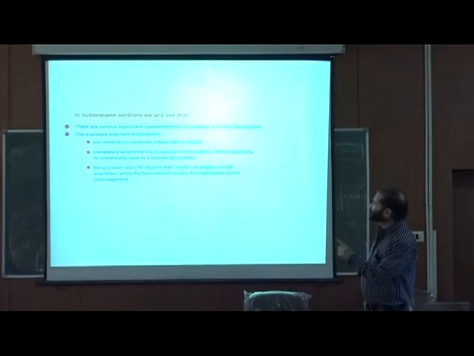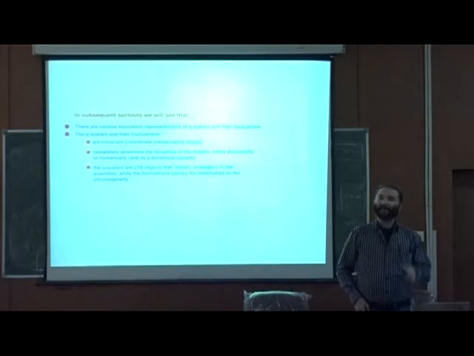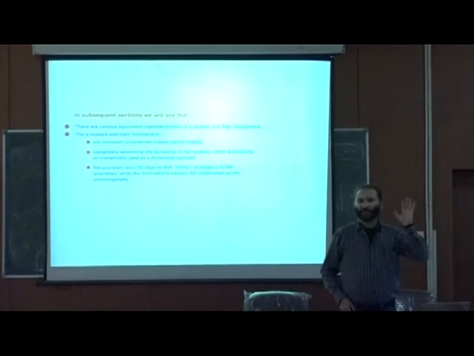And then, the Q-scalars are LTB objects that mimic analogous FLRW quantities, while the fluctuations convey the information on the inhomogeneity. Therefore, they are analogous to perturbations, but they are exact quantities. When do they reduce to perturbations?